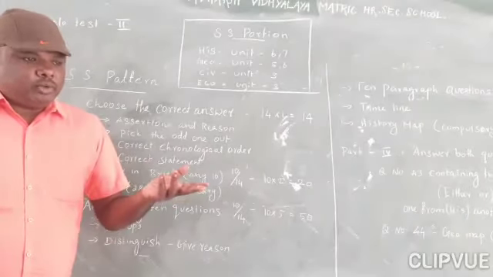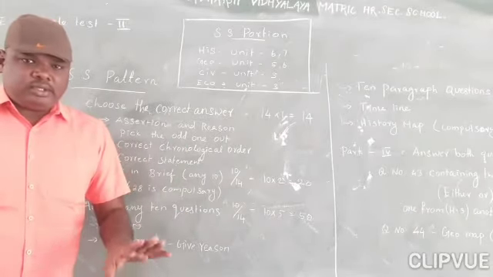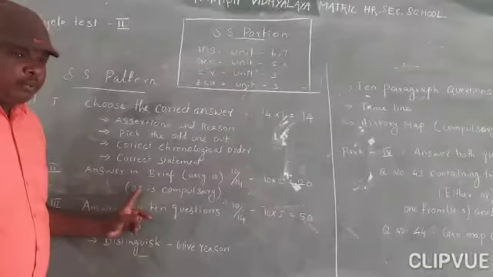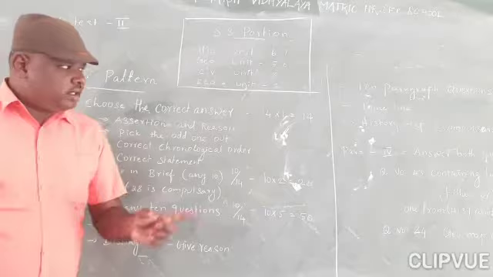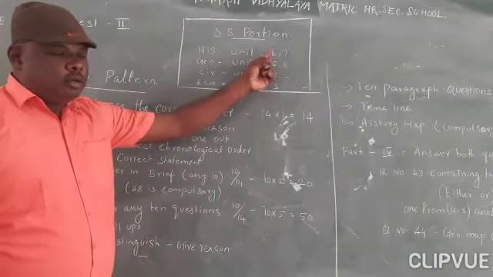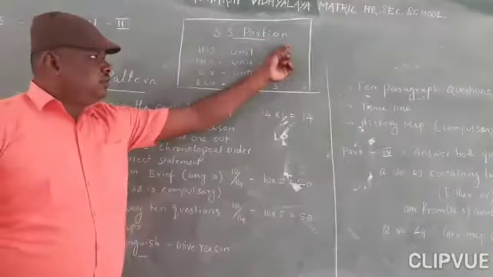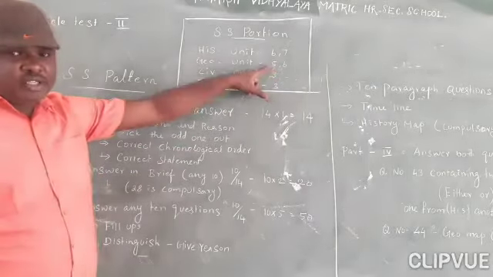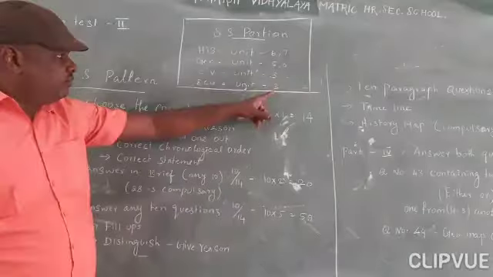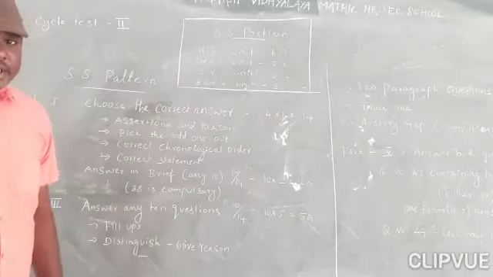So you need to concentrate on all the questions, then only you can answer the compulsory question. Most of the questions are from history and geography, because for history and geography you have 2 lessons each, 4 lessons. So most of the 14 questions are covered in history and geography. Limited questions will come from civics and economics.